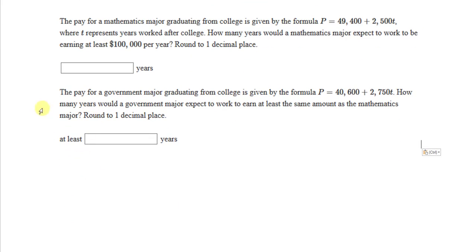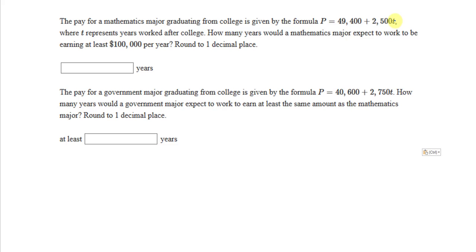Okay, so the pay for a mathematics major graduating from college is given by this formula. If you are a math major after graduating from college, then you are paid by this formula, where T represents the years worked after college.